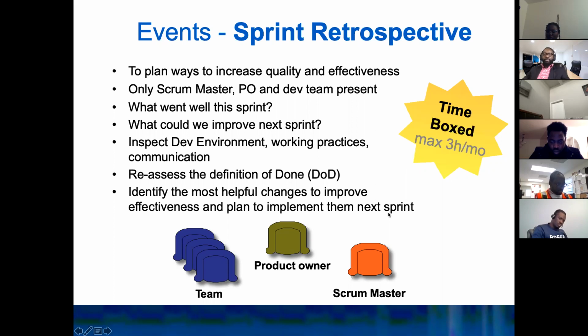So every single retrospective, you need to come up with a plan to improve what did not go well in the current sprint or the previous sprint. You need to be able to change something, especially the things that did not go well. Okay, so that's one of the goals of the retrospective.